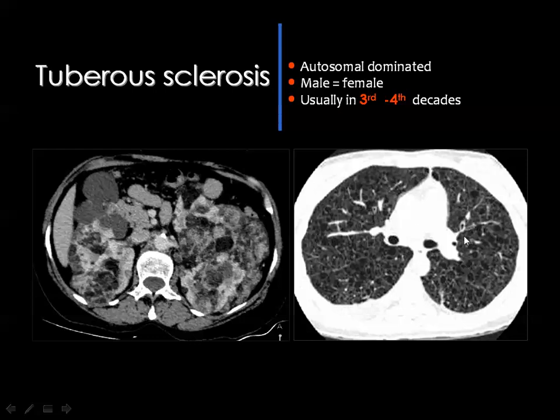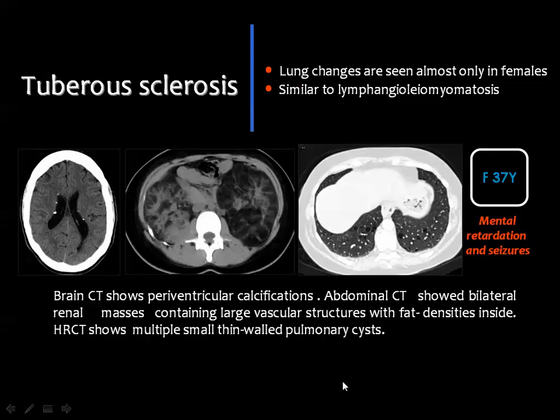But here, the disease affects both males and females and is usually associated with angiomyolipoma of the kidney, either unilateral or more commonly bilateral masses containing fat involving the renal parenchyma.